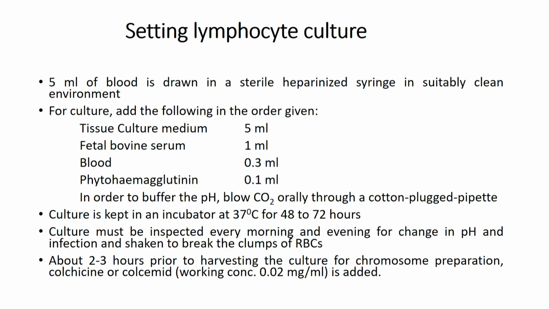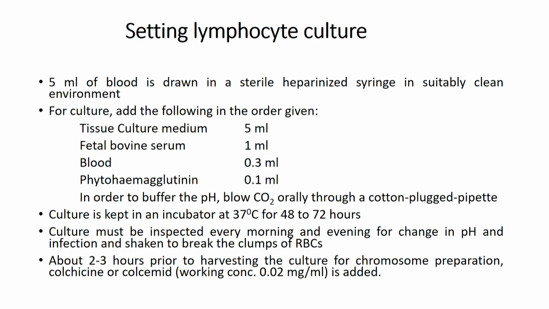In the blood serum, most of those factors are there which will allow cell division to occur. So that is why fetal bovine serum we use. Serum means the blood minus the cellular parts. So the tissue culture medium plus serum constitutes the medium.